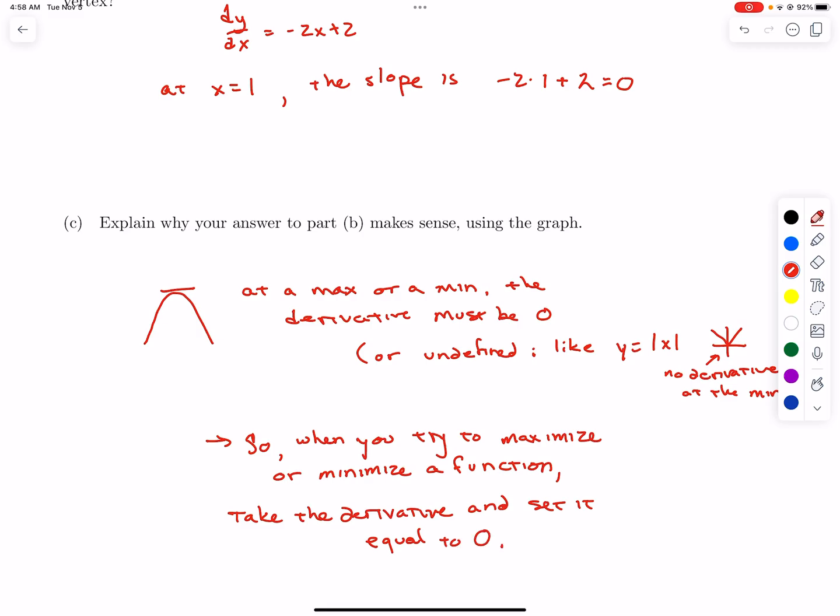Take the derivative, set it equal to 0. I'm going to say, by this time in 2 weeks, you'll be able to say that all in one word. Take the derivative equal to 0. Yes. Because that's what you do with derivatives a lot. Not always, but a lot.